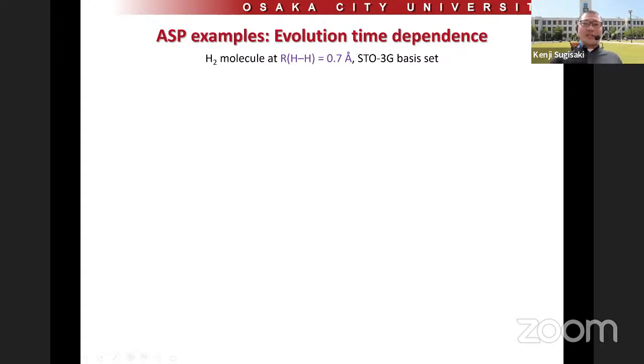So let me think about the adiabatic state preparation using the H2 molecule, just the hydrogen molecule, with the H-H distance equal to 0.7 angstrom with the STO-3G basis set. This problem can be mapped onto 4 qubits because we have 2 molecular orbitals, just bonding and anti-bonding.